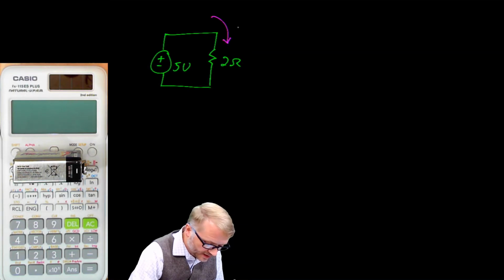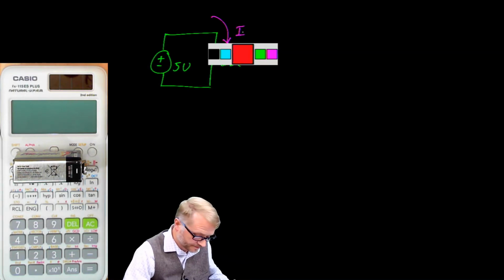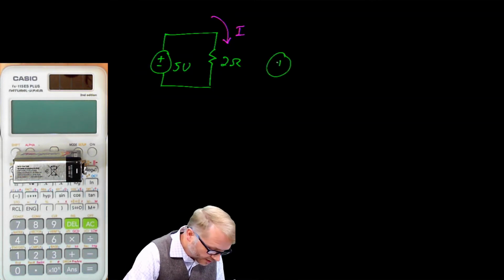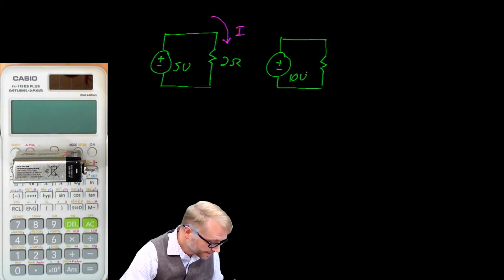We're asked to find the current. Here, we know the voltage, we know the current, and we're asked to find resistance.